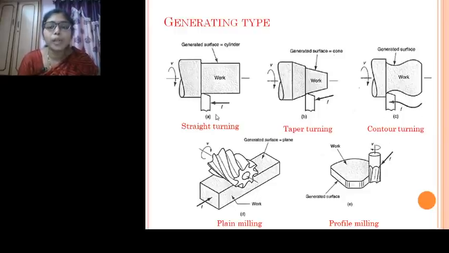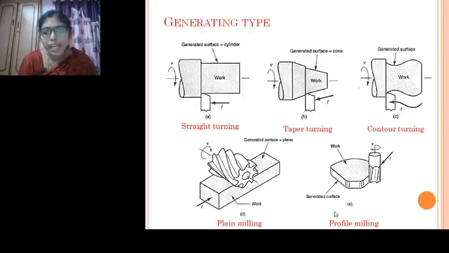So in a generating type, you can say that the final shape of the component is dependent on the feed you give. Feed, or the relative motion between the tool and the workpiece, will determine the final shape of the component.